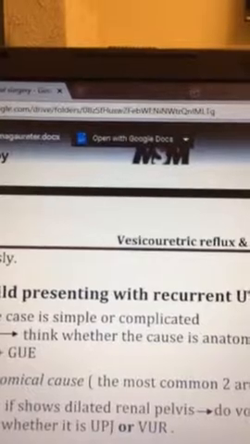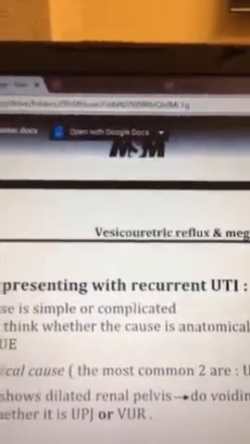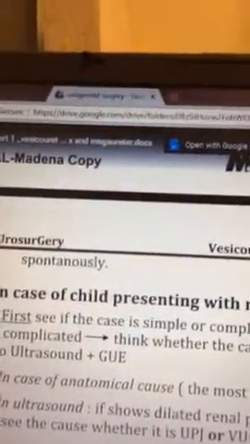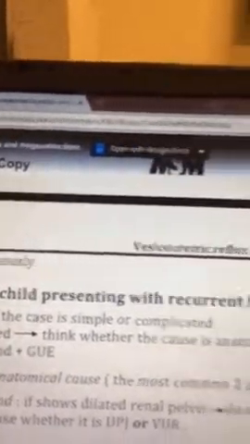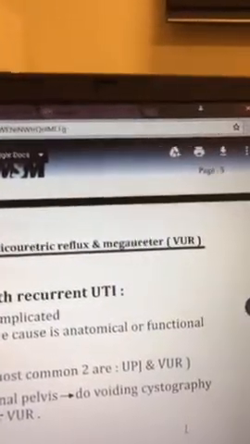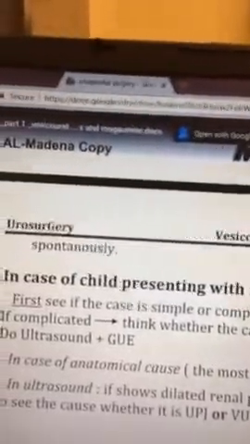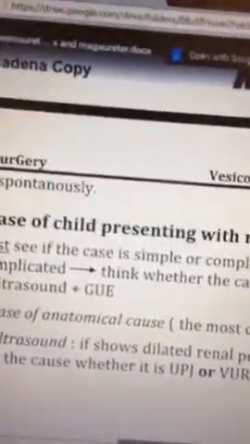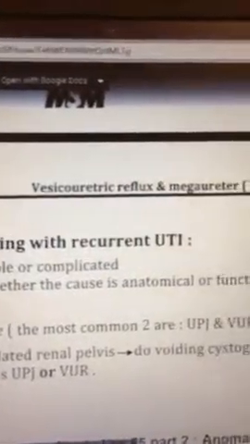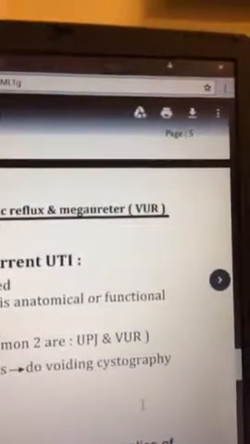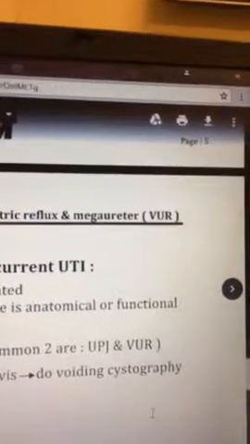In the case of a child presenting with recurrent UTI, first see if the case is simple or complicated. If complicated, think whether the cause is anatomical or functional, and do an ultrasound and a general urinary exam. In the case of an anatomical cause, the most common are UPJ obstruction and VUR.